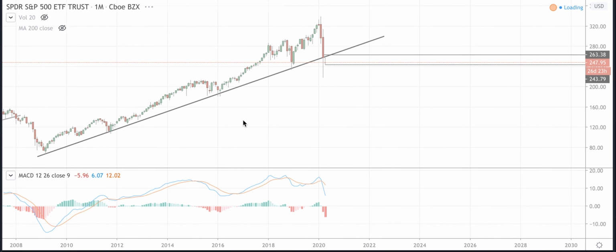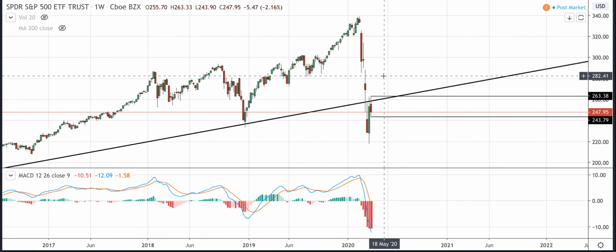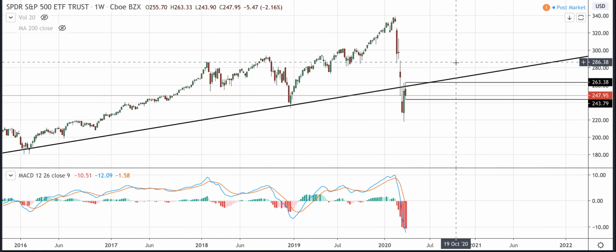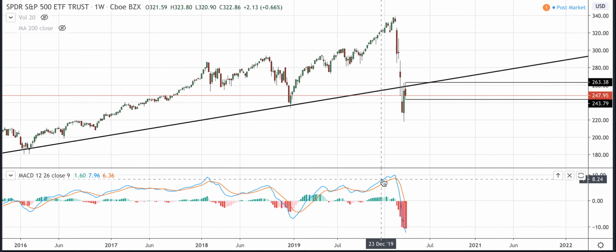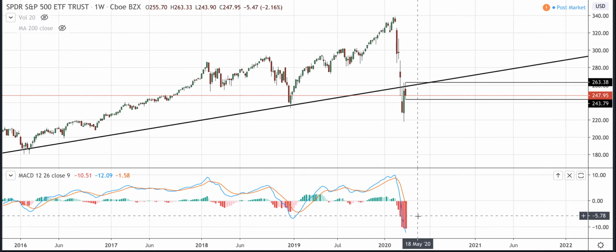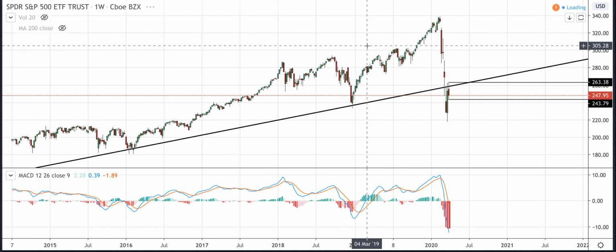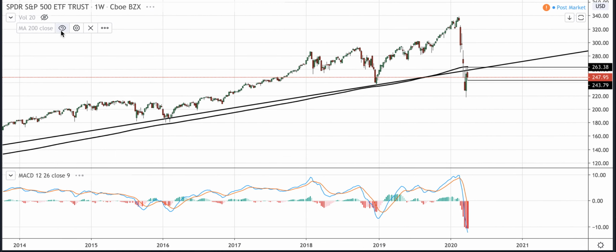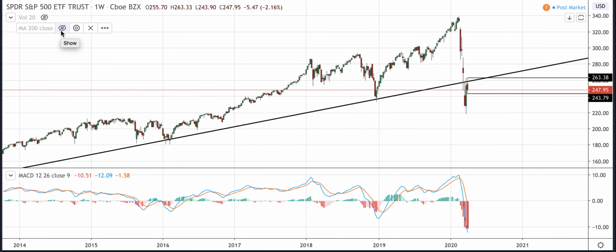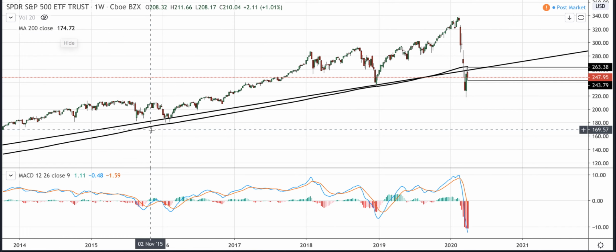Now, as you guys know, on the weekly chart we are in a downtrend, just like we are on the monthly time frame. And as soon as my chart loads up, here we go. You can see on the weekly time frame, once again, we have a bearish MACD still heading lower. And one of the things I think is interesting is this 200-day moving average.